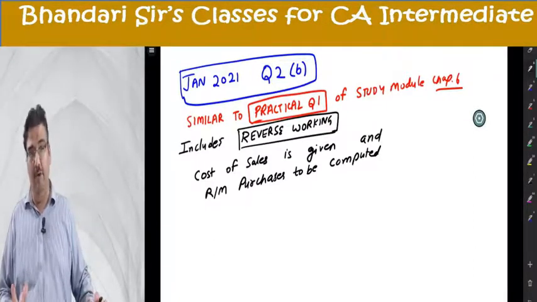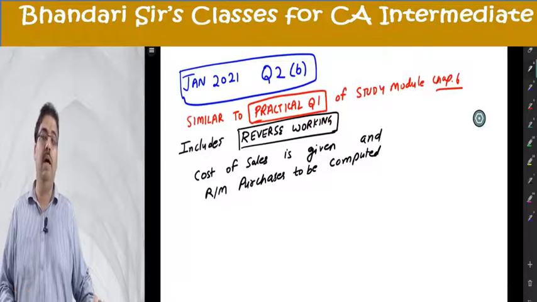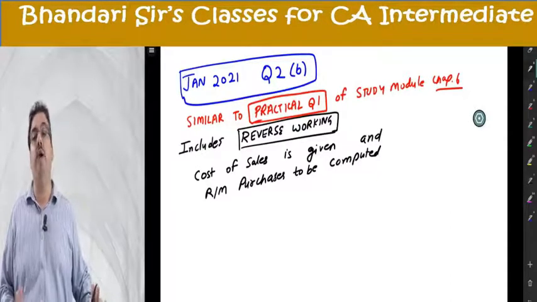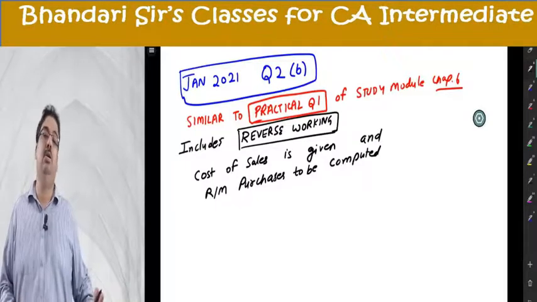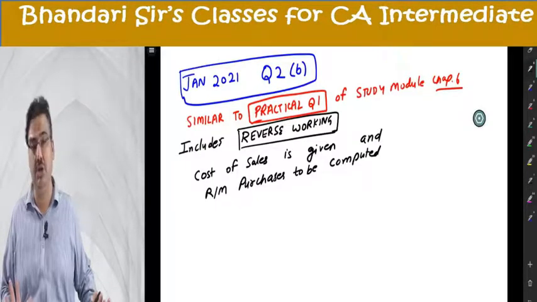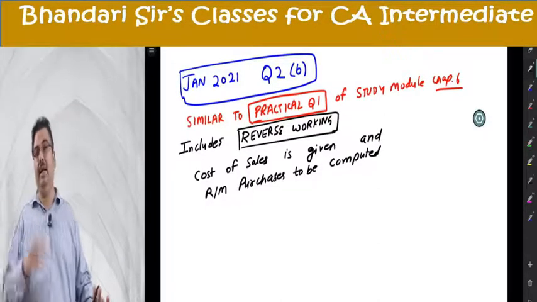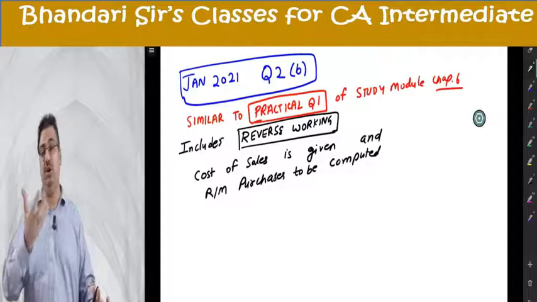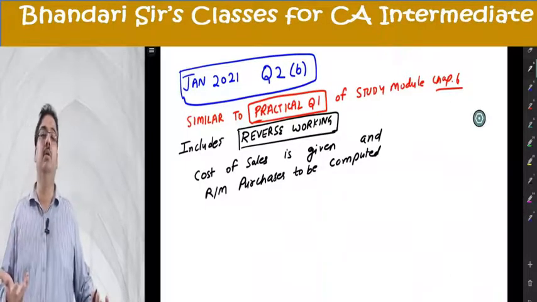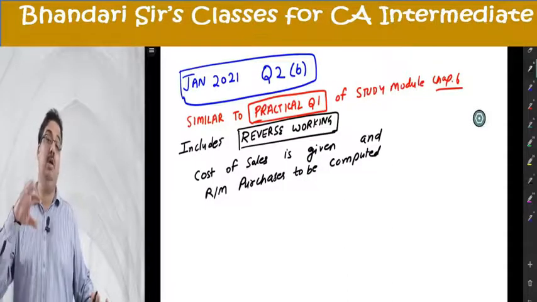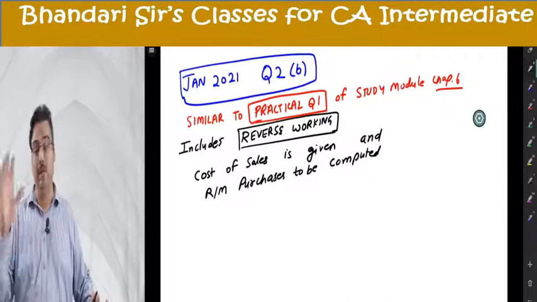So what I will do, I will do all the working notes, make computation of everything and reach raw material purchases. After reaching that, you can make it correctly in the cost sheet format that we studied in last class. So try to understand reverse computation of basic data in this.